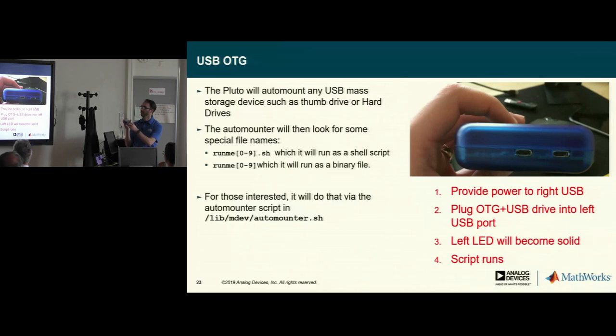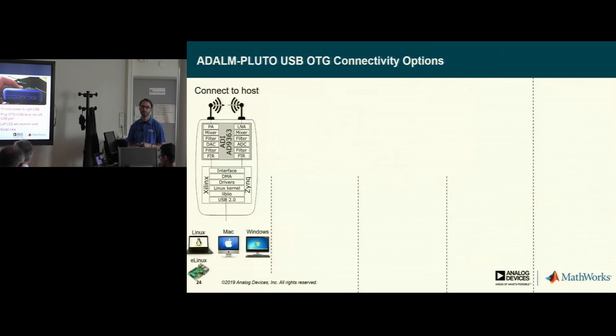So the button can actually be used by the user for different things. If you want to run an action based on that button press, you can do that. A lot of people will connect a USB mass storage stick, and then walk around and push the button and do captures based on some localized information that they're looking for.